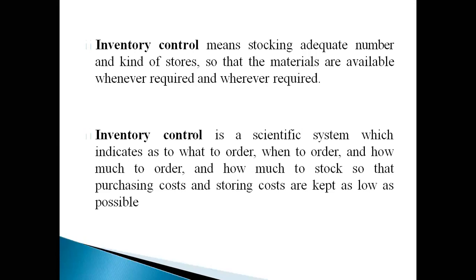Inventory control is nothing but stocking an adequate number and kinds of stores so that materials are available whenever required, wherever required. In other words, inventory control is a scientific system which indicates what to order, when to order, how to order, and how much to stock so that purchasing cost and storing cost are kept as low as possible.